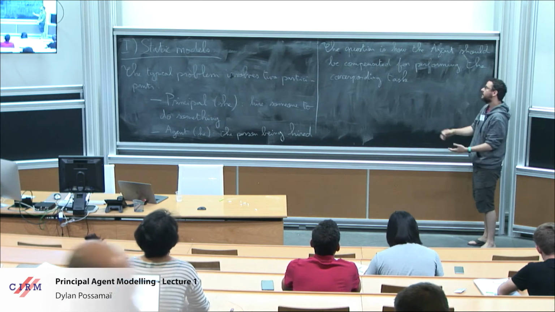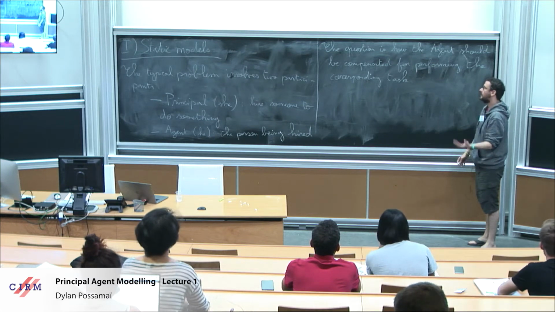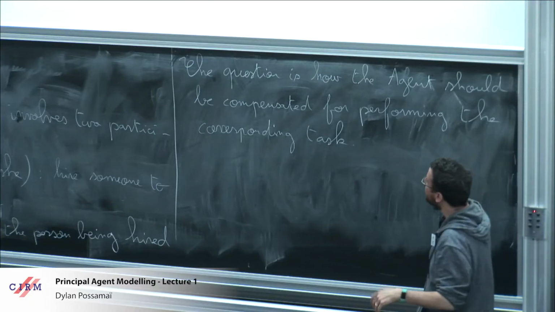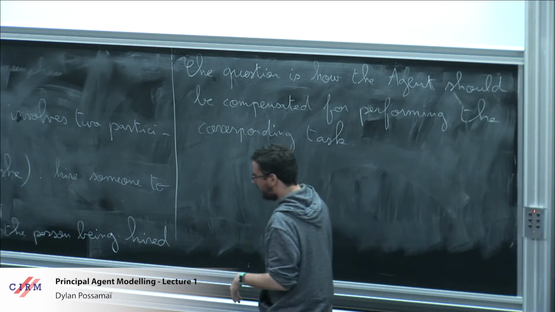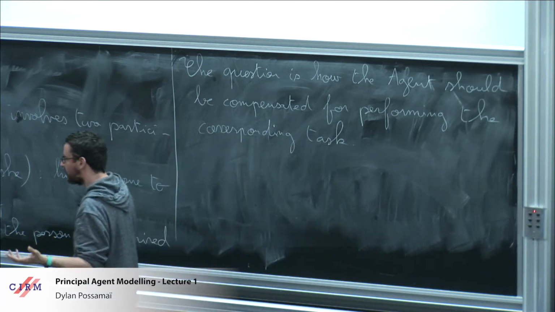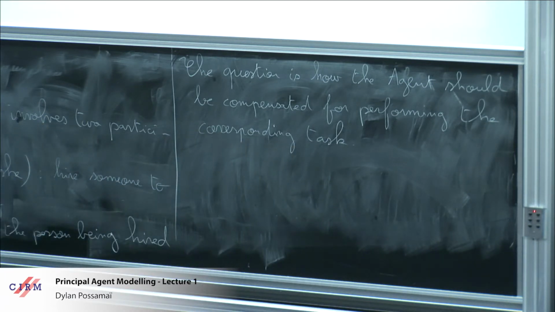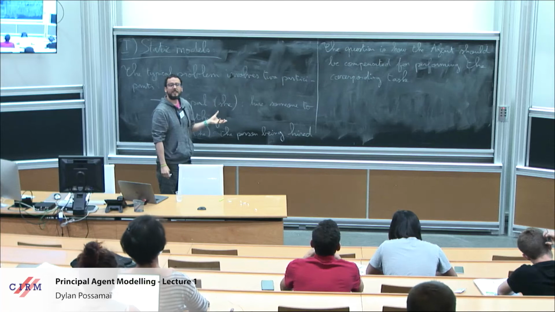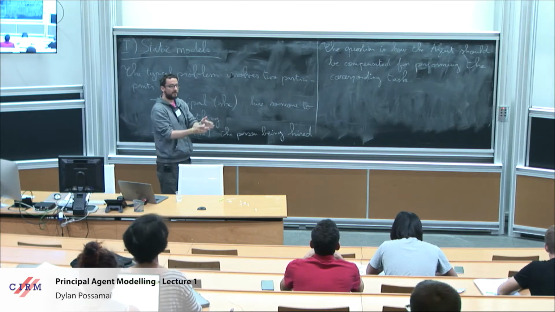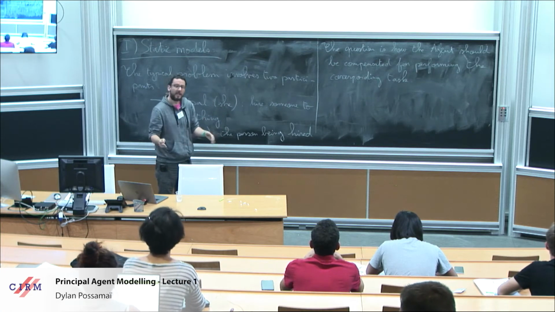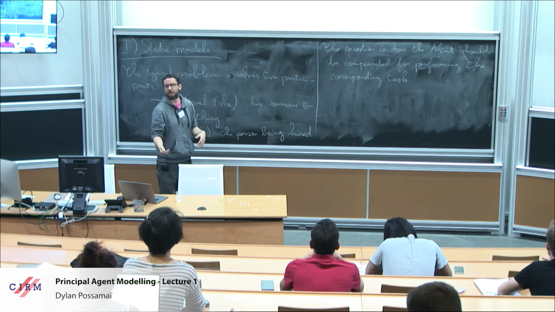And in that case, the contracting problem is going to be different from another case where you might have some information that is not available to you concerning the agent. And typically, in our case, we will consider the situation where I don't know exactly what the agent is doing. I know he's performing the task. I know he's working. I don't know how much work he's actually doing.